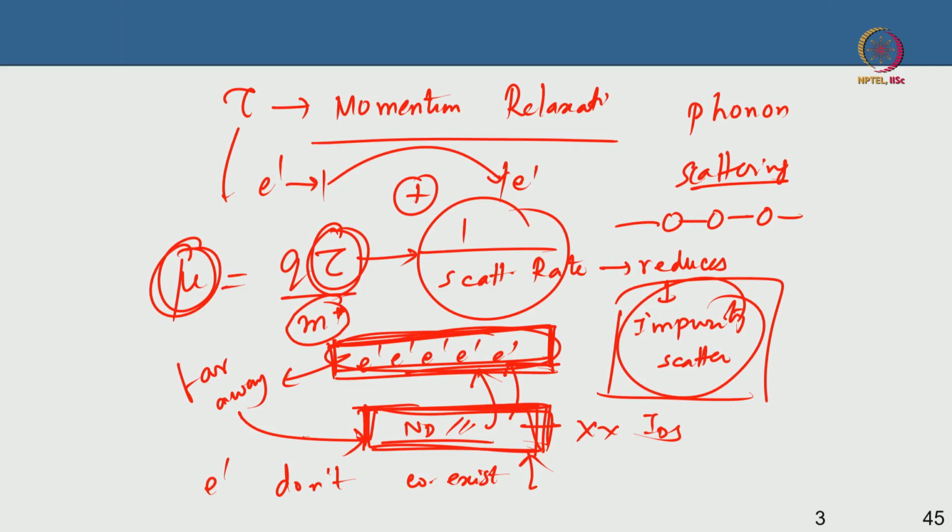It will become much less pronounced as you go to low temperature, so your low temperature mobility improves as opposed to high temperature mobility, but phonon scattering cannot be eliminated. It can only be mitigated by going to low temperature. If you can remove impurity scattering, then the mobility can be improved significantly. This is the concept of modulation doping.